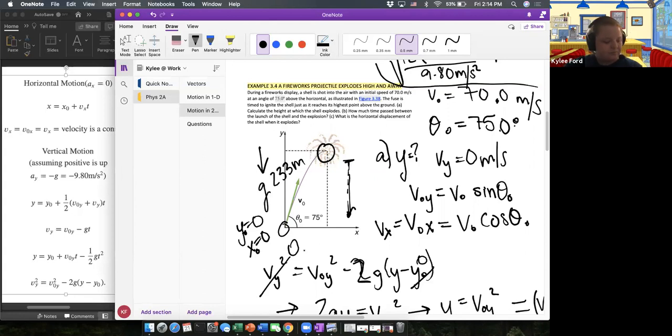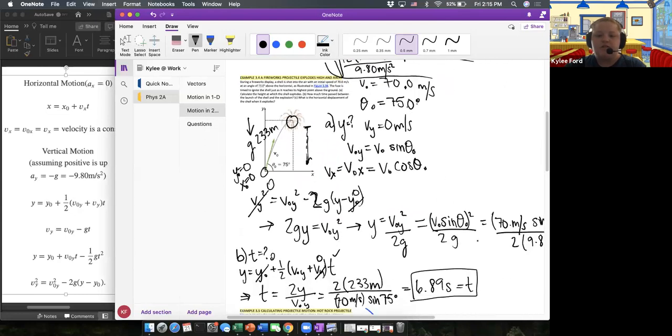Okay? So I'm going to look over here at my equations and I say, okay, well, I know my x0 is 0. Okay. I know my t, and I can solve for my v sub x because my v sub x is related to my v naught.